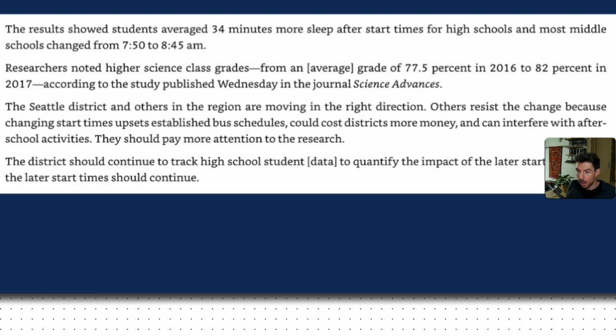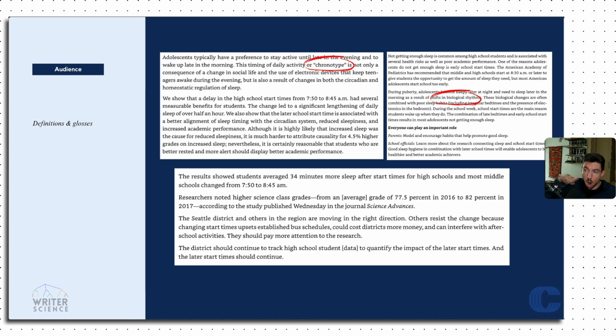If you pause and read it, you'll find that the purpose of the opinion piece is to make an argument that schools should start later in the day. So it doesn't really matter about chronotype, so they don't go into that. Their purpose is completely different. And so these language features tell us the audience and the purpose that these articles are written for.